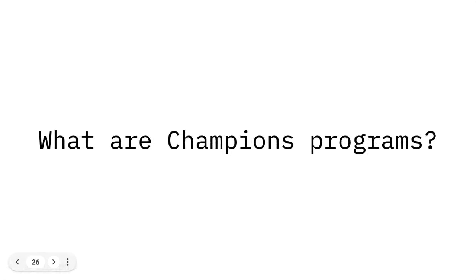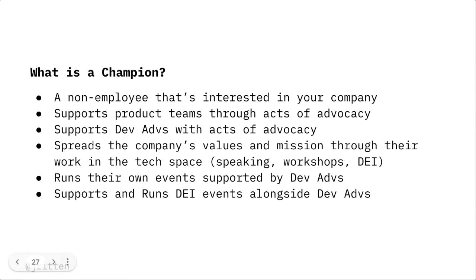And speaking of champions, what are champions programs? OpenMeepo is actually, as I mentioned, one of our IBM champions from 2020. A champion is someone who's a non-employee. They don't work at your company, but they're interested in contributing to your company, possibly even working there. They support product teams, like OpenMeepo is supporting our IBM Watson Assistant team through an active advocacy of demoing products, showing how to build and use and get familiar with Watson Assistant, which is what he's going to show you today.